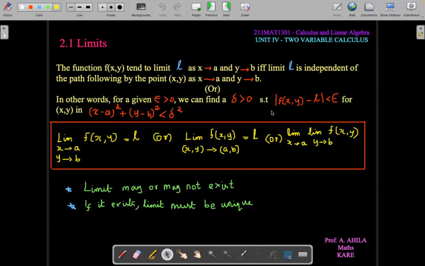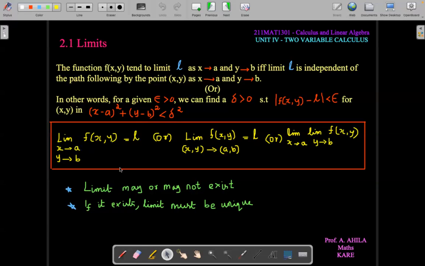That is, whenever x comma y tends to a comma b, for all the points lying inside the circle with center a comma b and radius delta. So for any epsilon greater than 0, if we are able to find a delta greater than 0 such that all those points lie within the circle with center a comma b and radius delta.